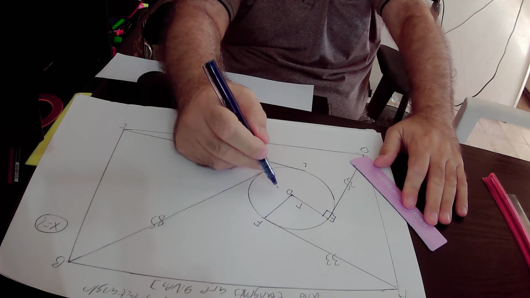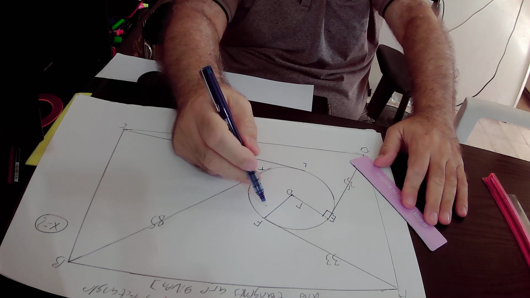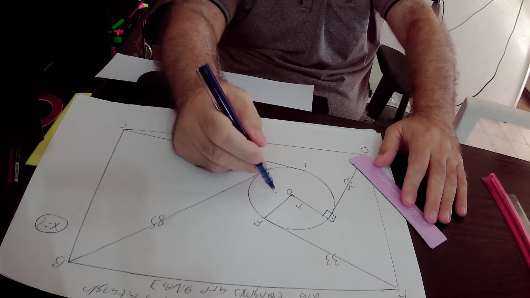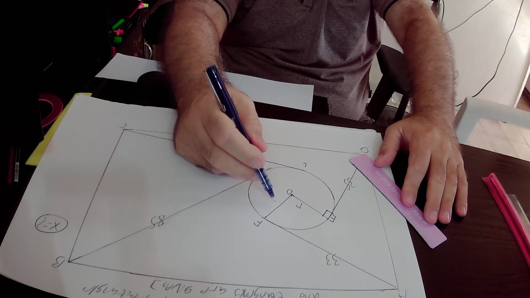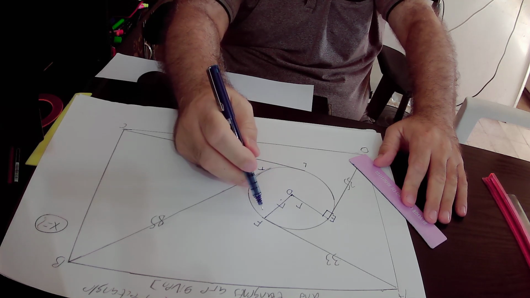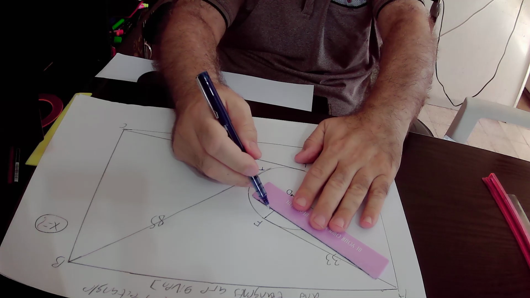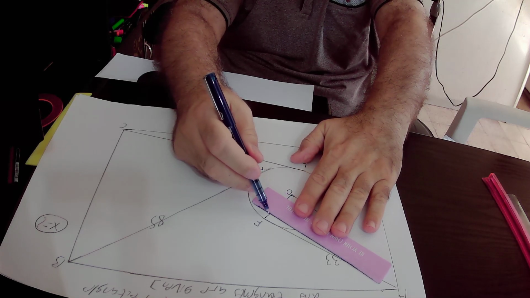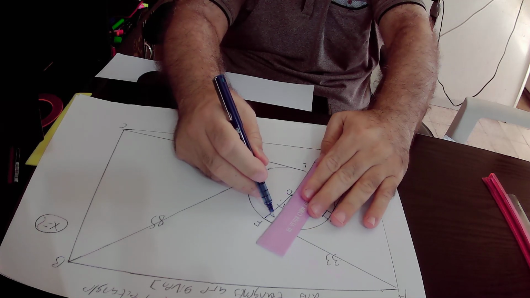Point O is the center of the circle, point F is the point of the circle itself, therefore OF is the radius of this circle that is equal to R. And we have the radius OF that is drawn to the point of tangency, therefore this angle will be equal to 90 degrees according to rule number 1.